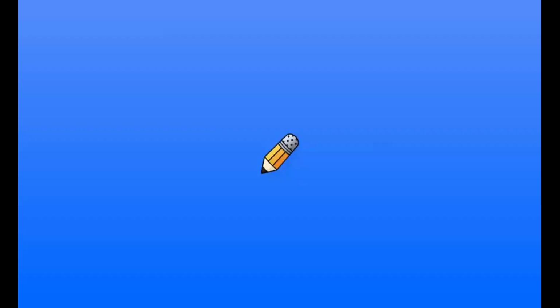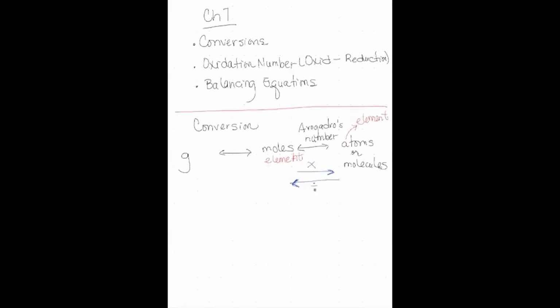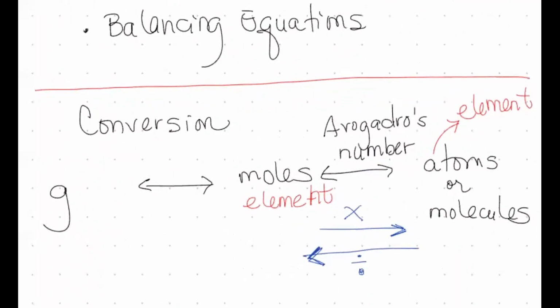The second type of calculation, going back to the notes, is dealing with the left side of the slide. The conversion factor for the formula subscript is the formula subscript, but we will deal with that in a moment.